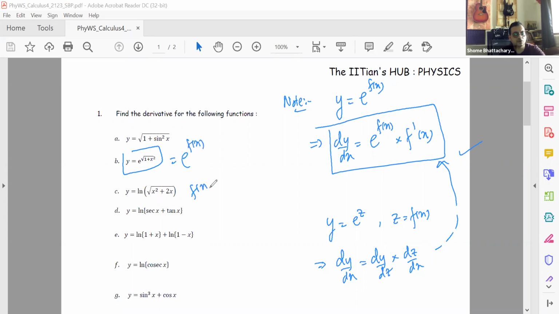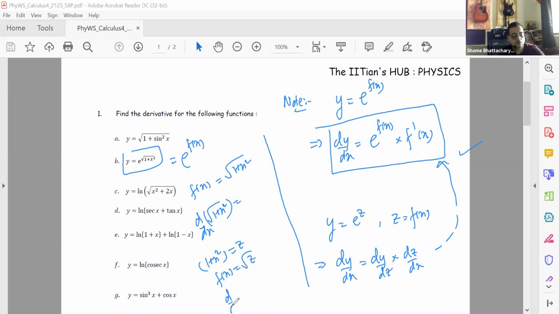Okay. So when we do that, we notice that for this function, e raised power fx, fx is what now? It is square root of 1 plus x square. Okay. So derivative of fx: you take 1 plus x square as z. So fx becomes square root of z.